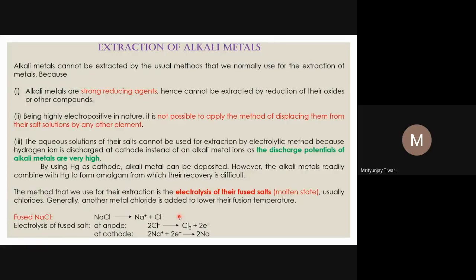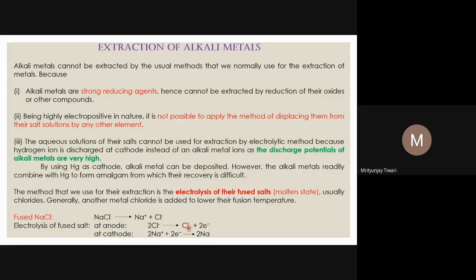So we can do the electrolysis of this fused salt. What will happen at the anode? In the fused salt there is no other compound, so oxidation will happen at the anode. Because we want the metal to be deposited at the cathode, the metal will accept electrons, so it will be reduced. So what is there which can be oxidized? Chlorine. Chlorine gas is electrically neutral and can have a stable existence.